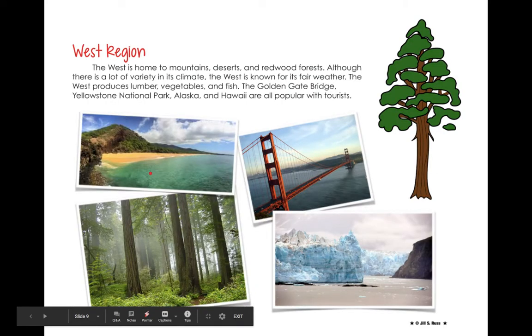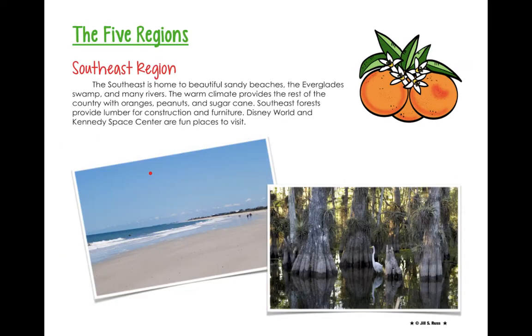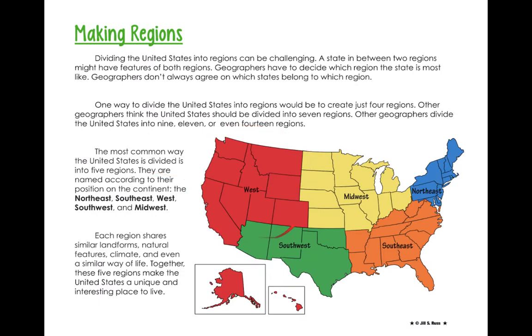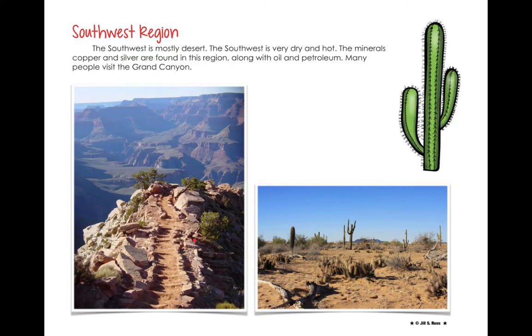And finally, the Western region. That's over here. It encompasses a lot of land, oftentimes divided up into the West Coast and the Northwest, which is a little bit different than this part of the West. But we're just going to describe this whole Western region.